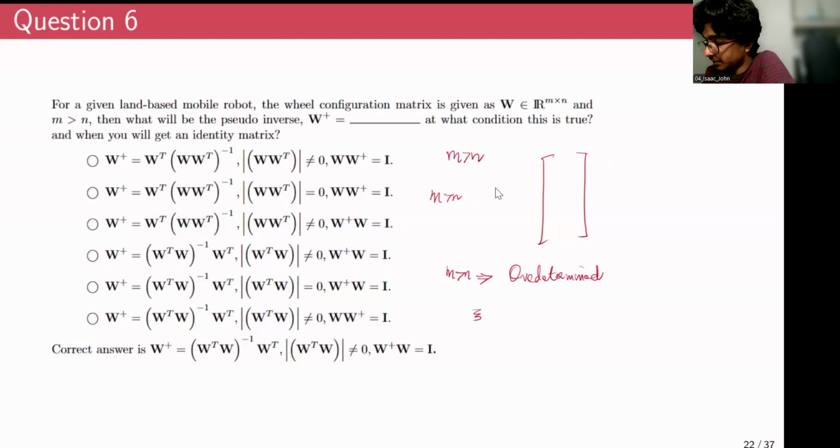Right? For example, if you have theta as W multiplied by omega, where W is an M by N matrix, and if you want to find out omega, you have to take the pseudo inverse and pre-multiply it with theta. And basically, when the system is overdetermined, you will get this omega star, where this omega star is the least square approximation.